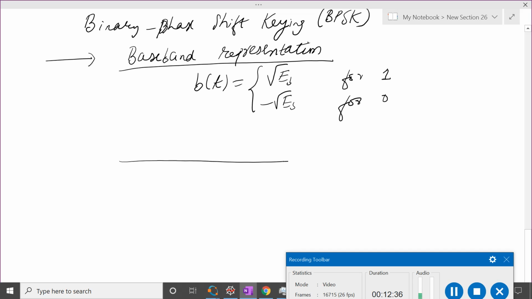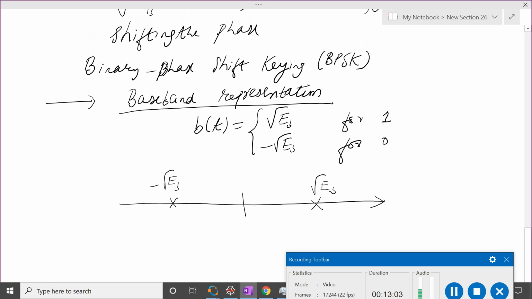So if you take this axis, you can represent it in this way, root Eb and minus root Eb. This is the simplest way to explain BPSK. Otherwise, there is a very complex explanation for this also. Maybe I will upload a separate lecture for only those who are interested in that. So this is otherwise the simplest way to represent BPSK.